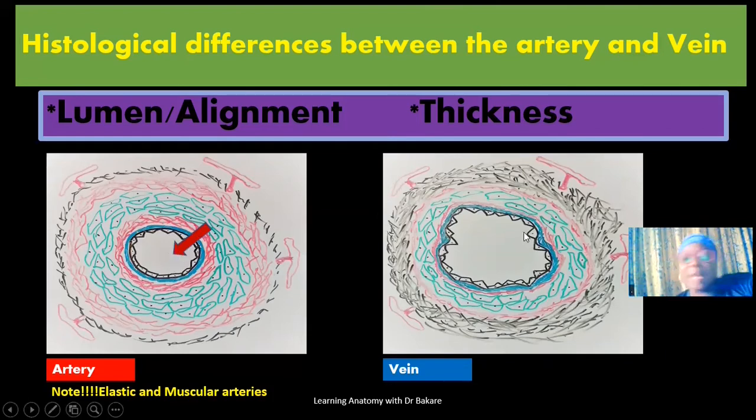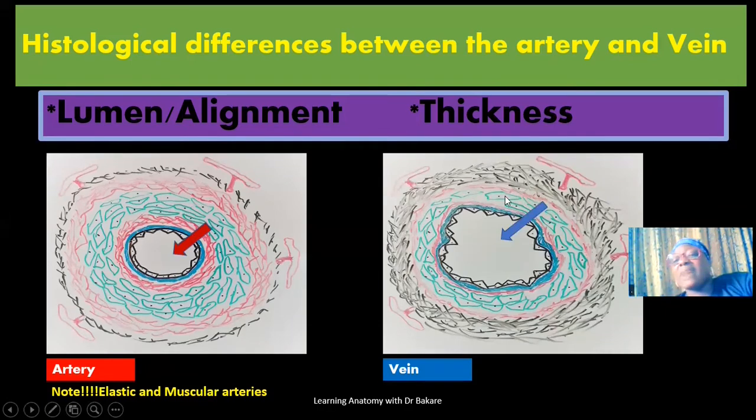They are not collapsed. If you look at the veins, this is the lumen of the vein. You see that the lumen is collapsed here as a result of the reduction in the thickness of the tunica media. This is the tunica media here highlighted in green, also supported by the elastic laminar layer on the inside and also on the outside. If you look at the thickness of the tunica media here, you see that it is not as thick as what is presented in the artery.